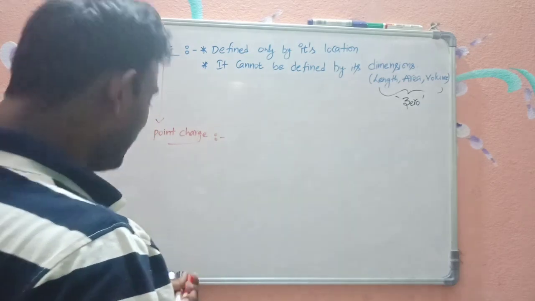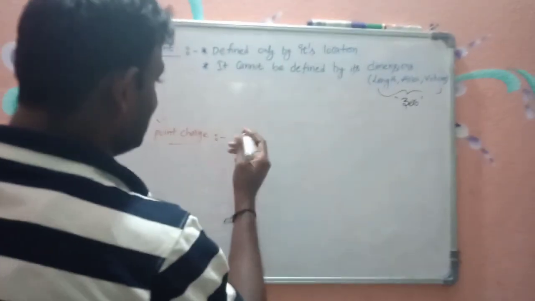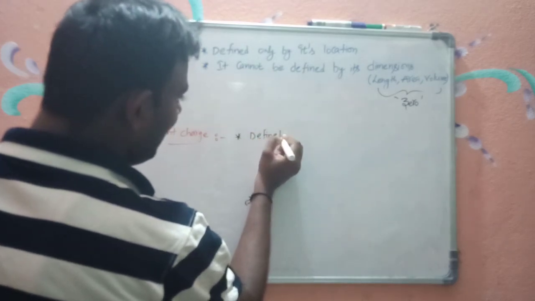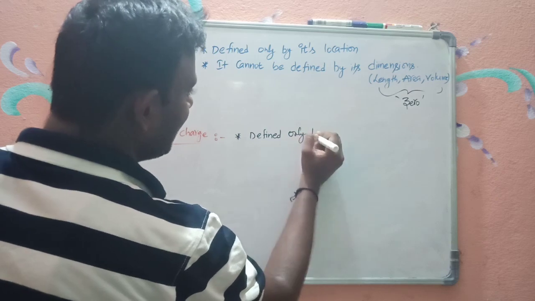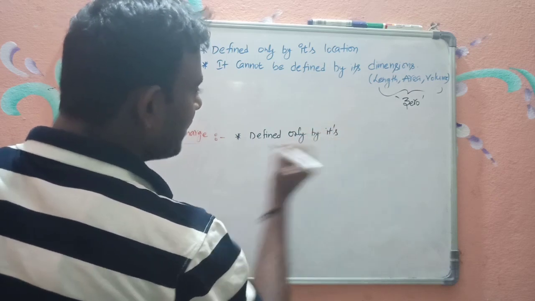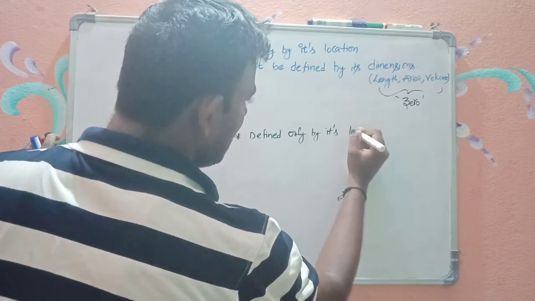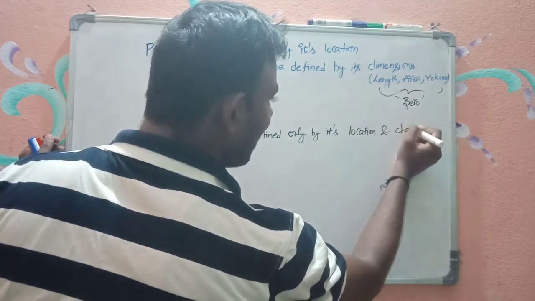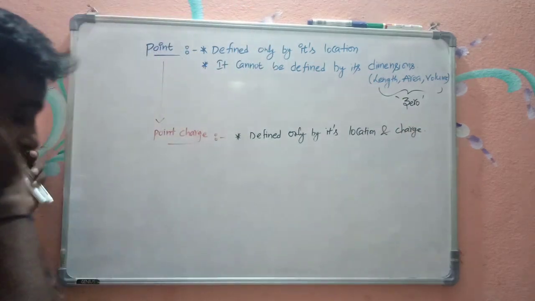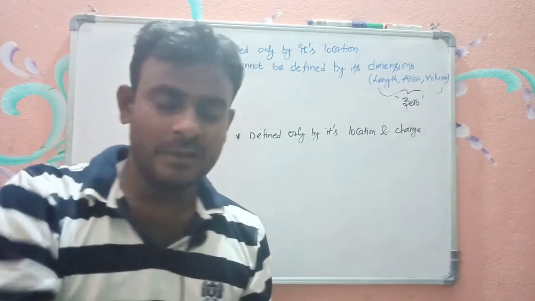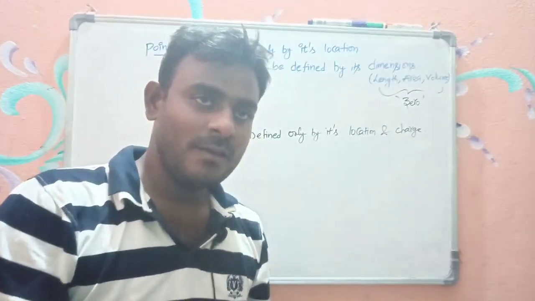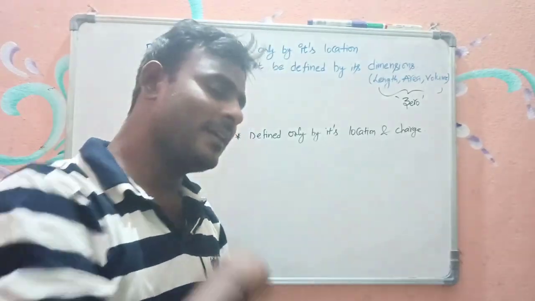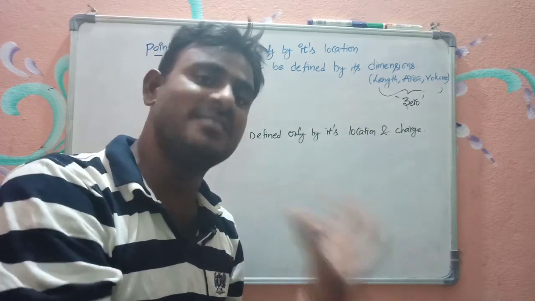A point charge can be defined only by its location and the magnitude of its charge. So we can understand the point charge as an entity which can be defined only by its position as well as its charge.